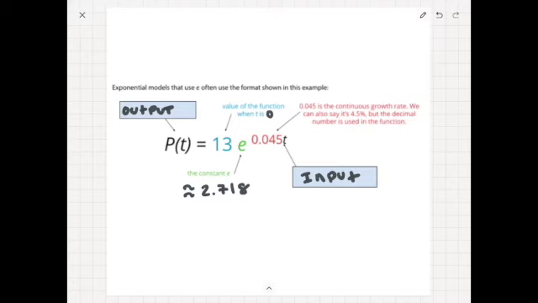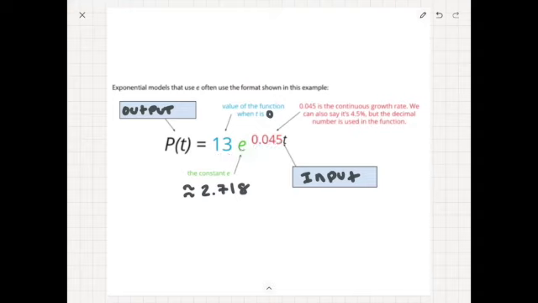So we can also say that it's about 4.5%, but the decimal is used in the function, not the percent. So we don't use percentages in our functions, we use decimals. Okay, so this is how we can identify things. This is our starting place, this is our growth factor, this is our continuous growth rate, and this is our input value. Okay, so those are the parts of an exponential function with E in it.